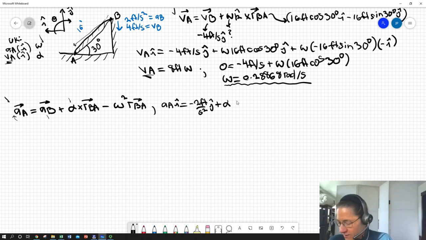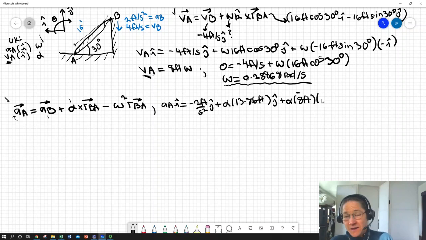I'm just going to write out the result of that cross product. That ends up being alpha times 13.86 feet in the j hat direction, plus alpha times 8 feet, -8 feet in the negative i hat direction. So that's the result of this cross product here.